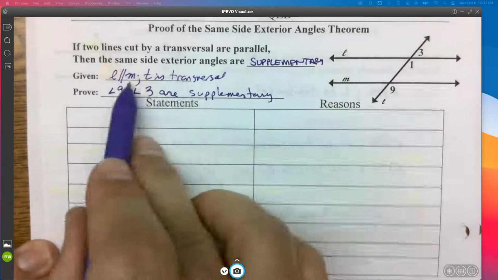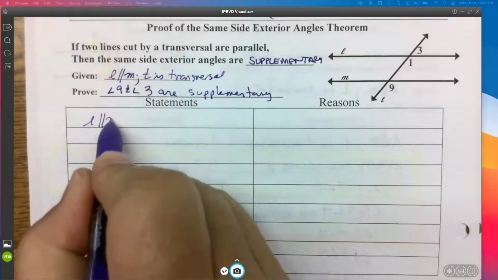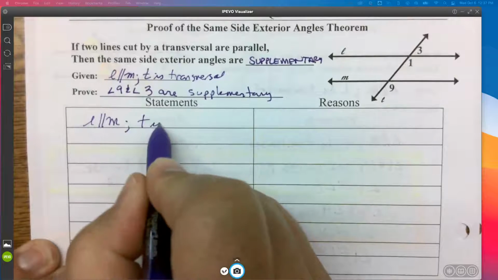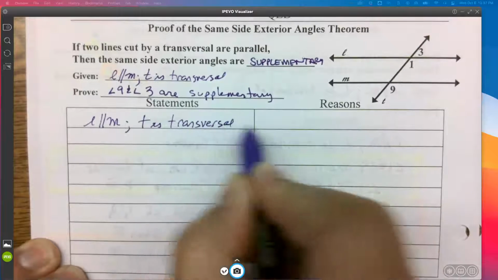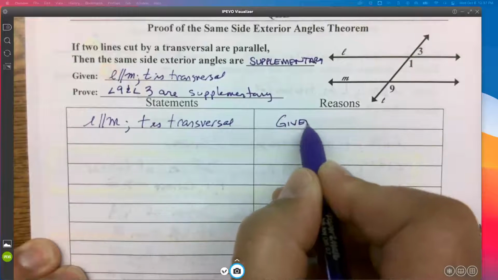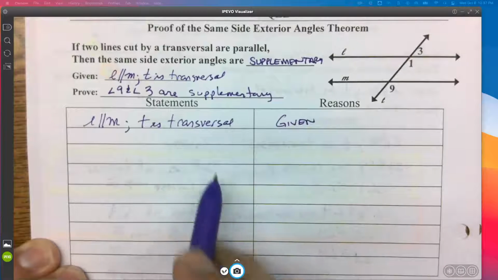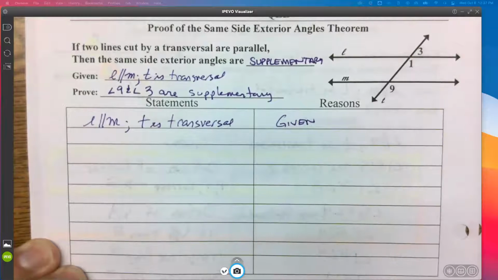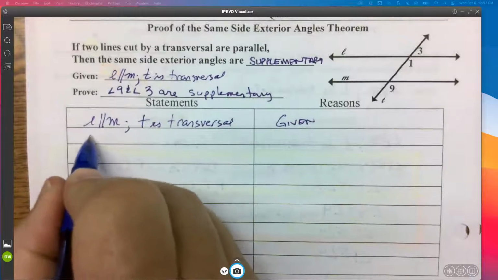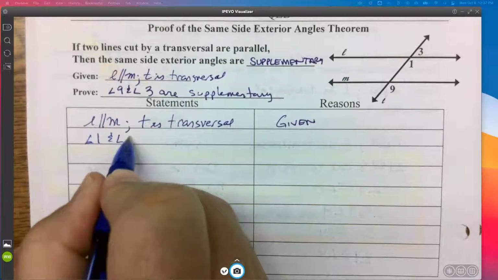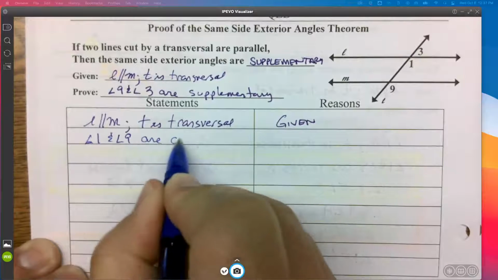All right, my given is here. L is parallel to M. T is transversal. And now I need to get the north and the south shores together. So I'll say angle 1 and angle 9 are corresponding angles.